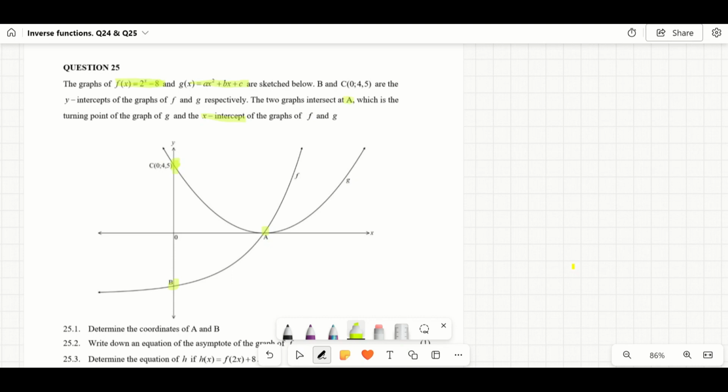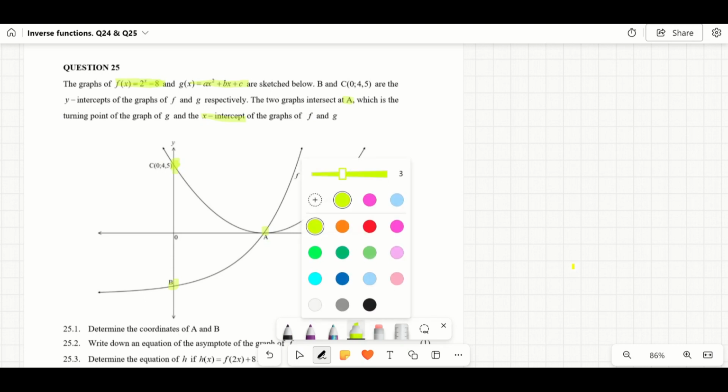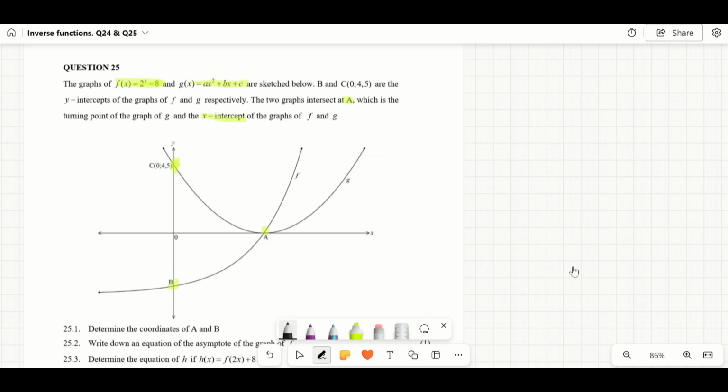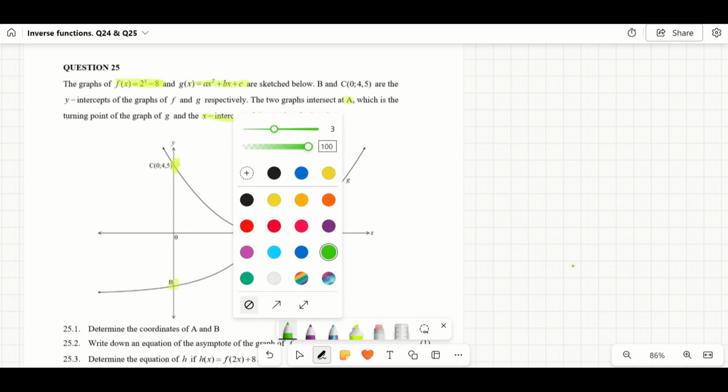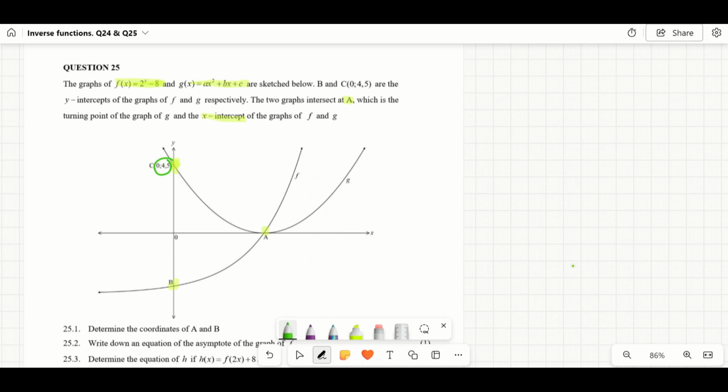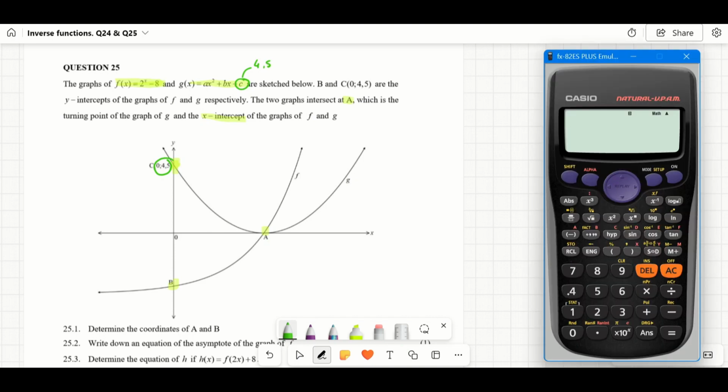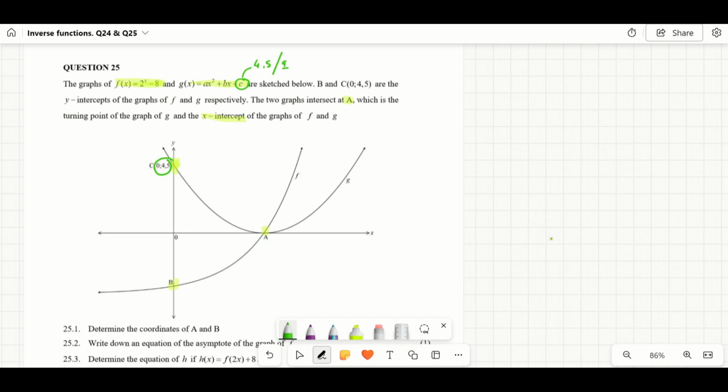This point here, at C, is (0; 4,5). Even if you use your calculator, 4,5 is 9/2, so don't forget that it's 9/2.